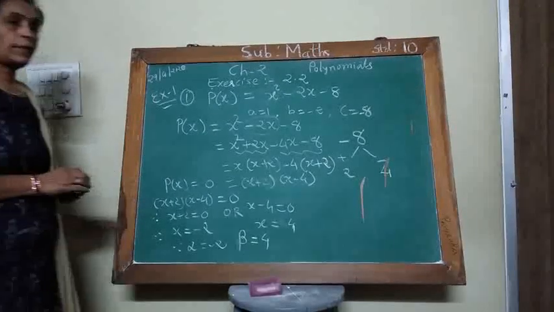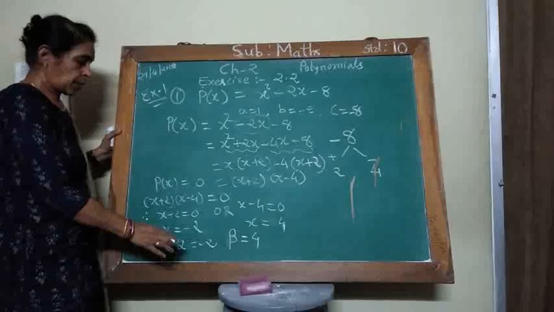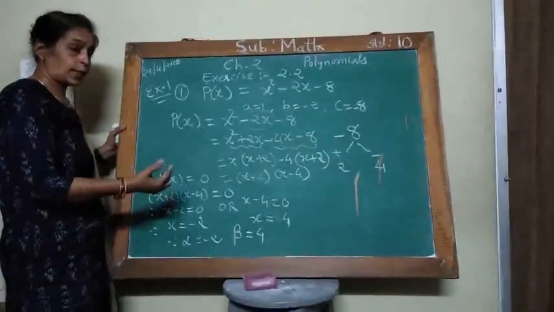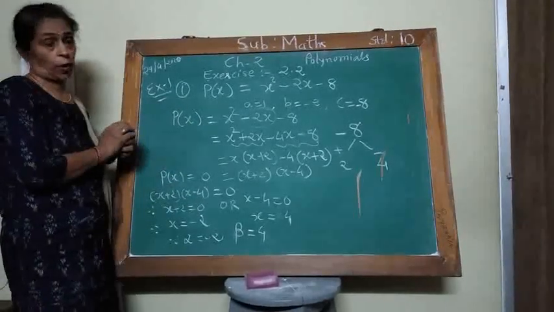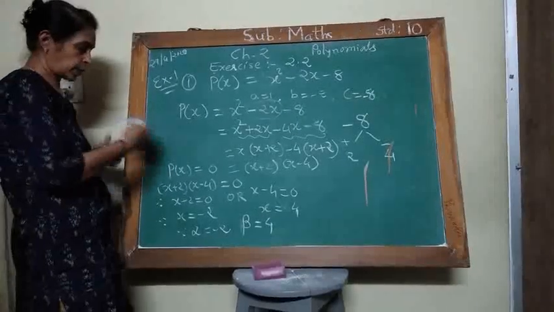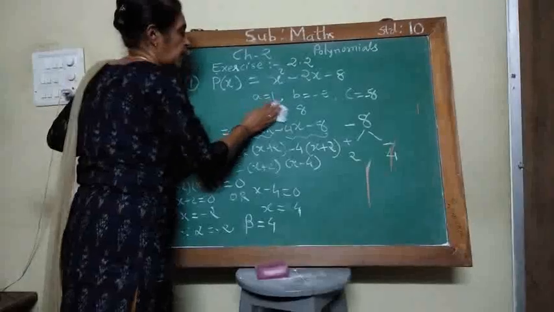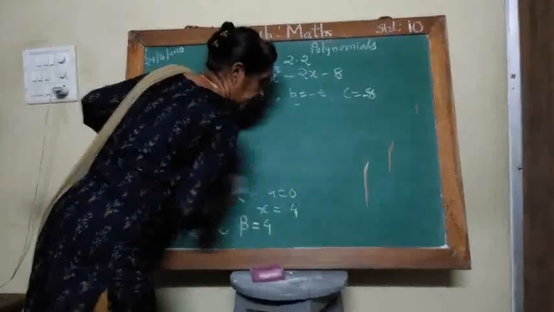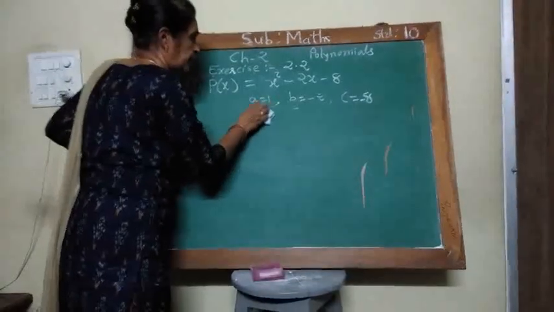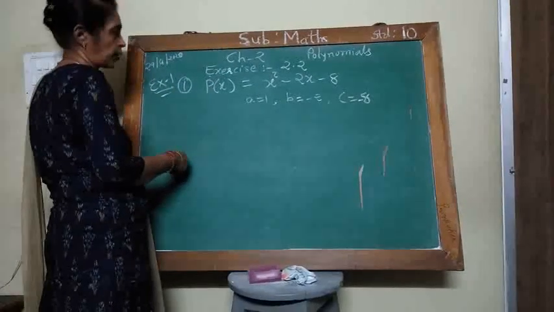Now the second question they have asked us: if you find the zeros this way, then verify the relation of zeros with the coefficients of the polynomial. I have already written the coefficients of the polynomial. Now this is answer 1, the zeros of the polynomial. Now the second question is to verify the relation of zeros with the coefficients.